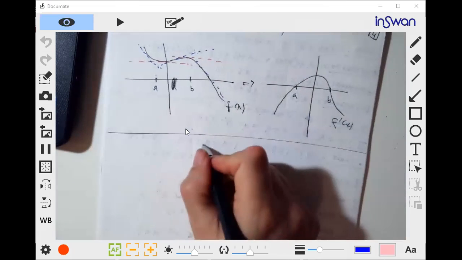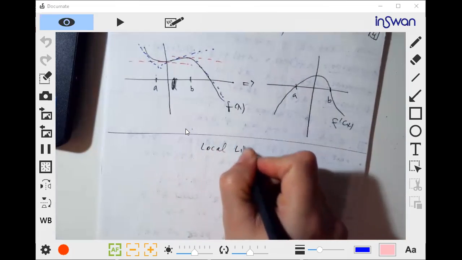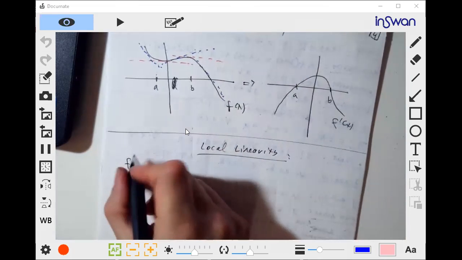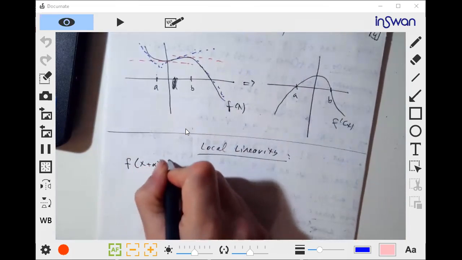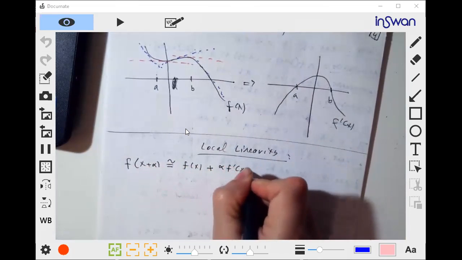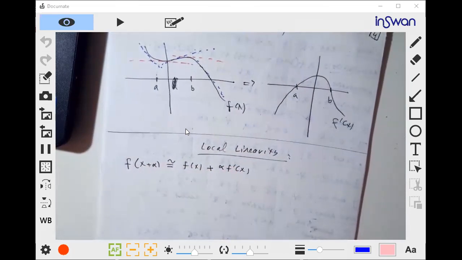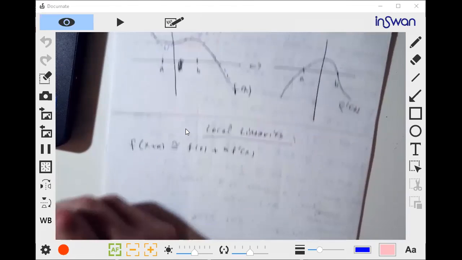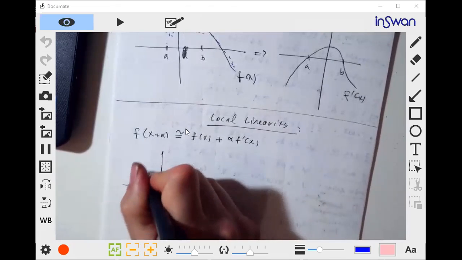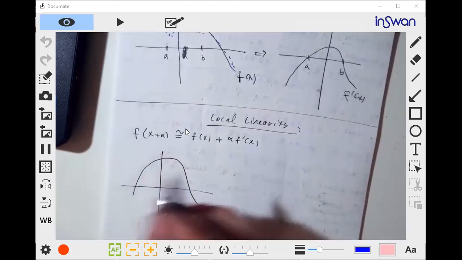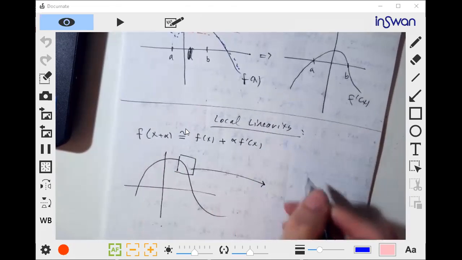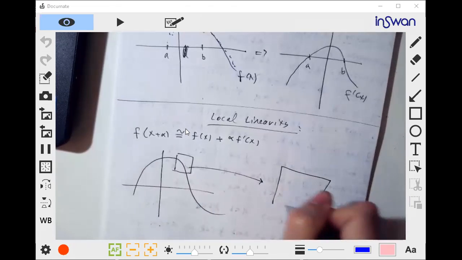Okay. Let's talk about local linearity. Recall that f of x plus some alpha may be approximated as f of x plus alpha times f prime of x. That's local linearity algebraically. This is what it is graphically. Say you have a function like this, and we zoom into this part and notice it looks like this.